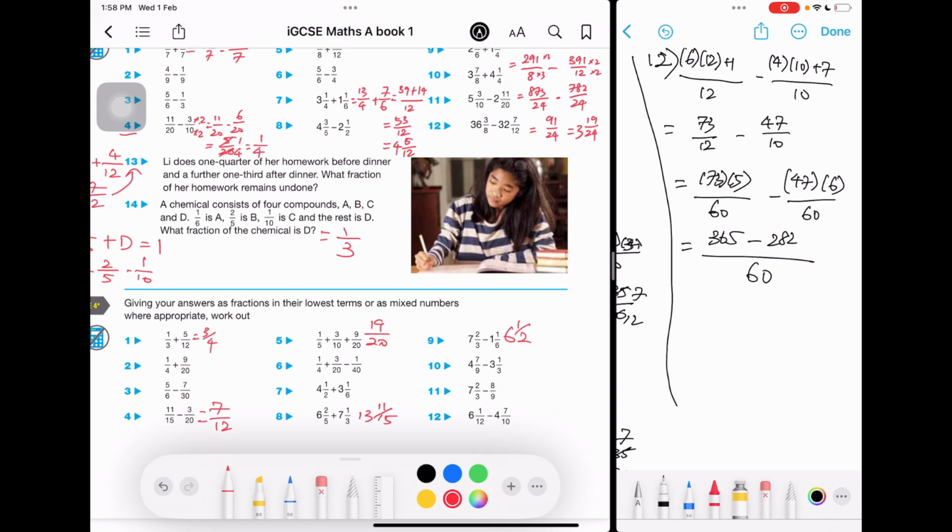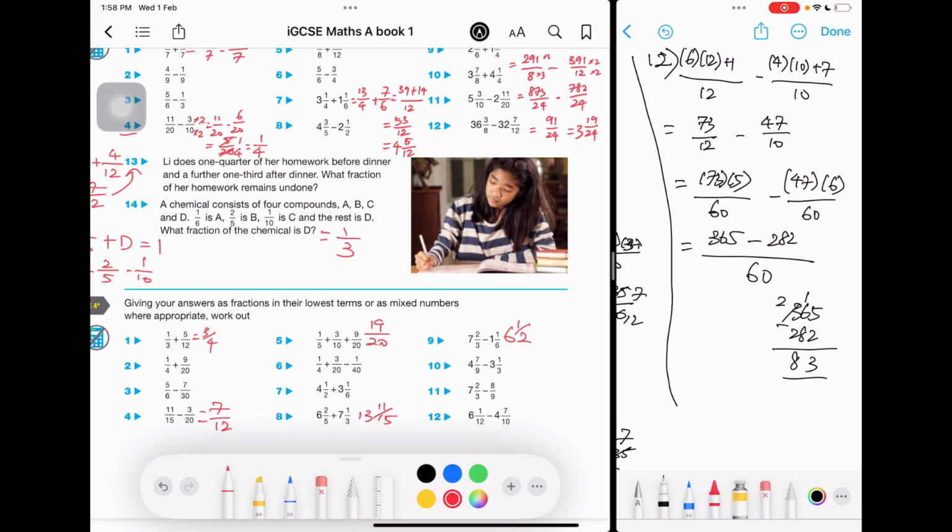If you were to use a calculator, it's quite straightforward. But if you have to do it the longer way without a calculator, 365 minus 282: 5 minus 2 gives you 3. 6 minus 8 is not enough, so you borrow a ten from the 3, leaving 2, and you get 16 minus 8, which is 8.